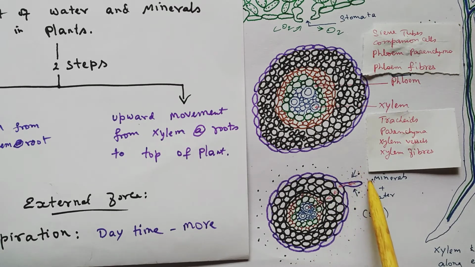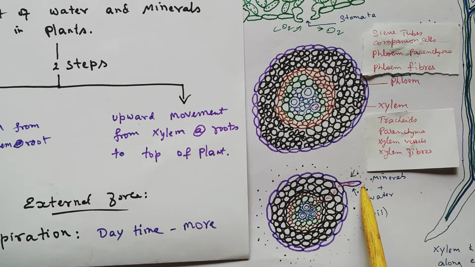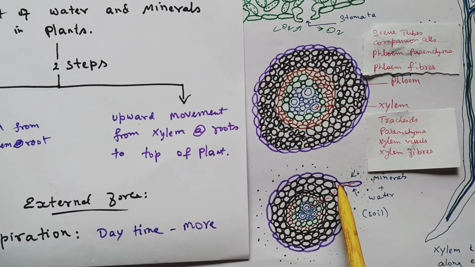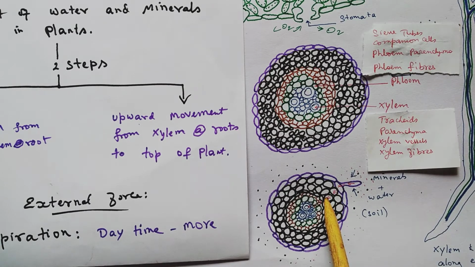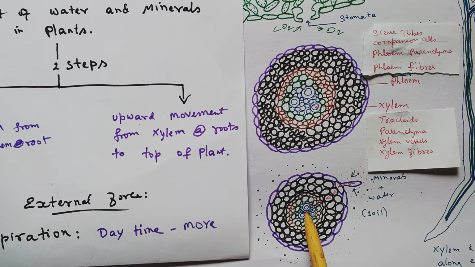So these water molecules and minerals, which are present in large quantity in the soil particles, will enter the hairs of the root, and once they reach the hair of the root, they will pass from one cell to another cell by the process of osmotic pressure or simple osmosis until they reach the xylem vessel.